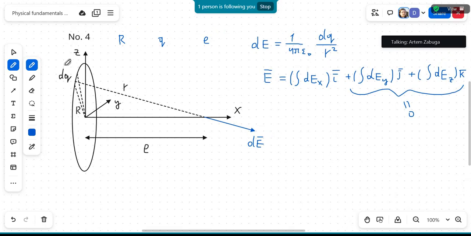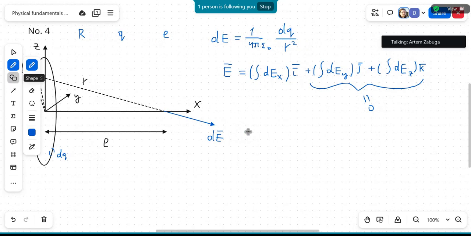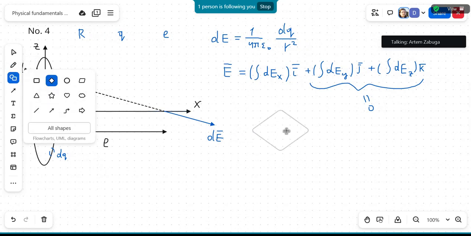Because of symmetry. It means that for every charge dq here, we can find the same charge at the other end of this ring, and these two charges will produce electrostatic fields.